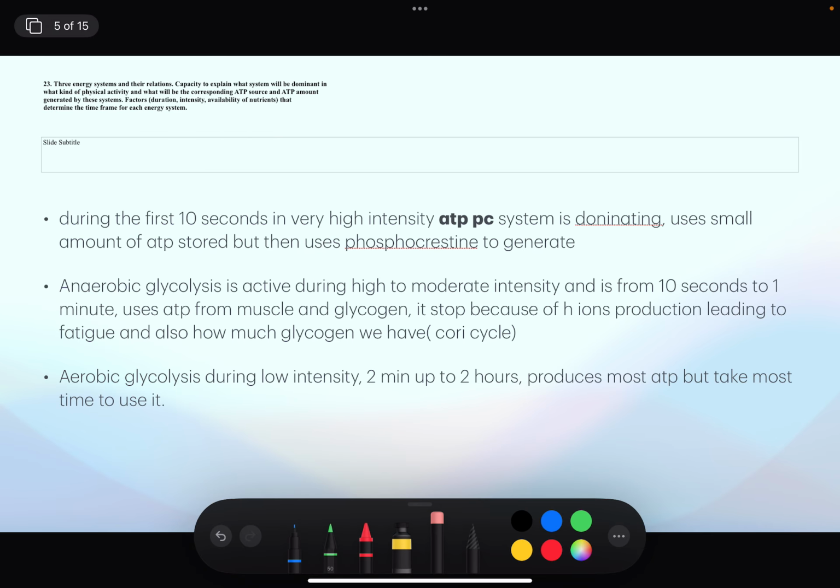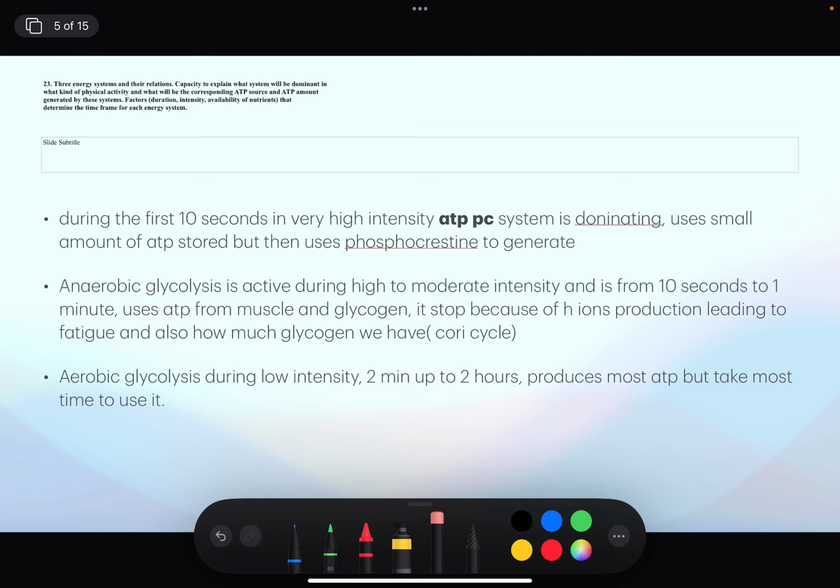Also, anaerobic glycolysis depends on the amount of glycogen we have in our body, so the Cori cycle is also a limitation of this source of energy during our training. Also, aerobic glycolysis depends on glucose as a source to do glycolysis, but it also takes so much time to use it. We can't really use aerobic glycolysis during intensive training.